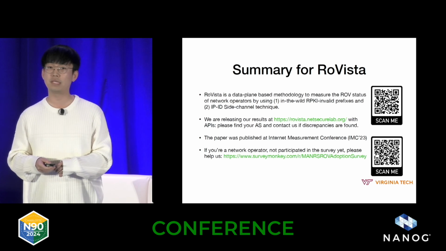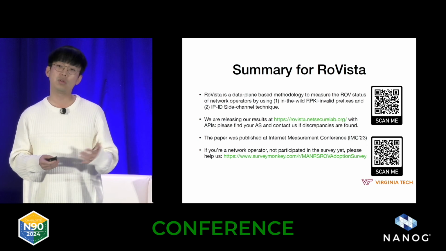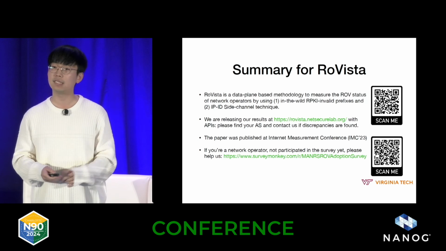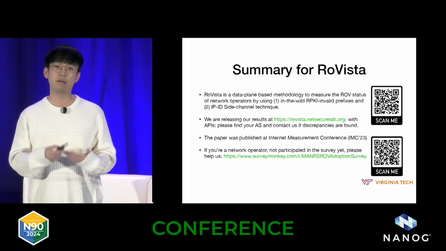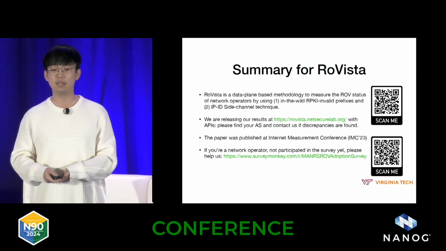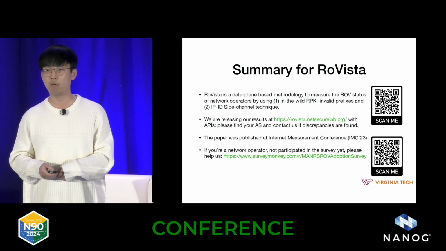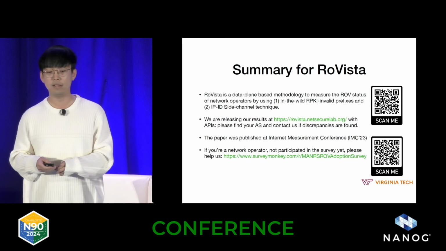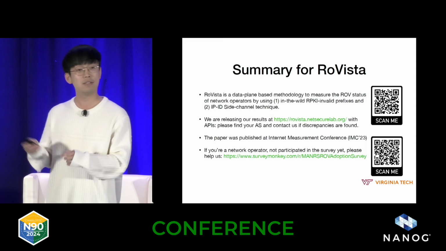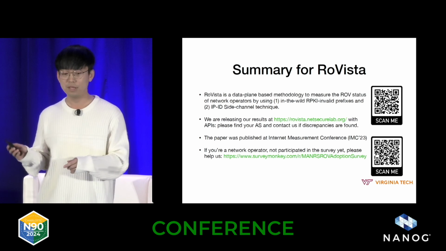So if you're interested in, for example, monitoring how your customer ASes filter RPKI-invalid prefixes, you can use these APIs. If you're interested in more details about the techniques, you can take a look at our paper. We also still need a ground truth data set, so if you are a network operator and not participating in this survey yet, please help us.